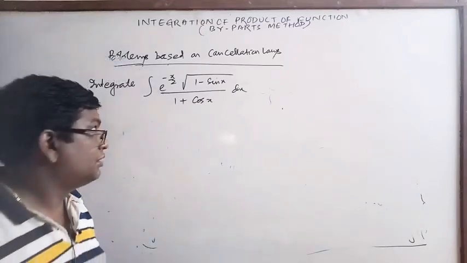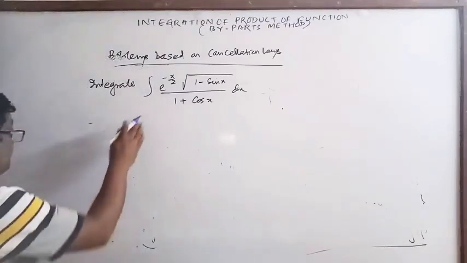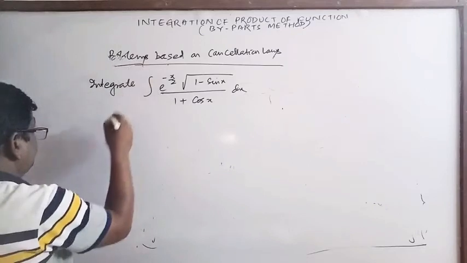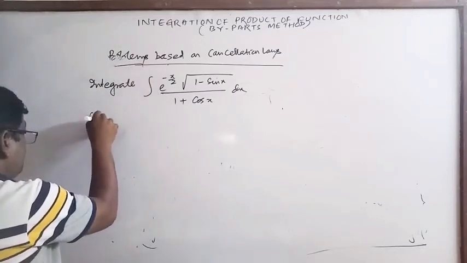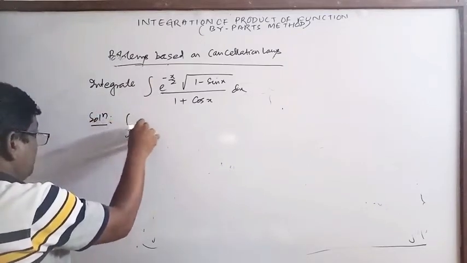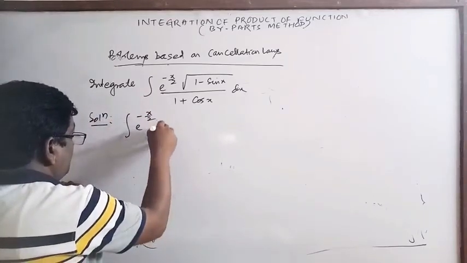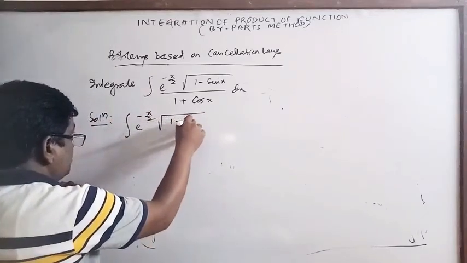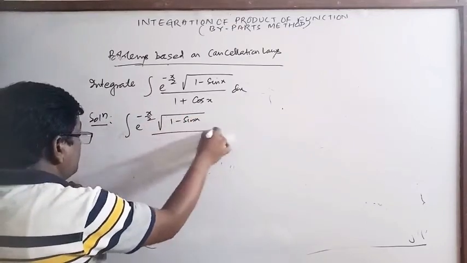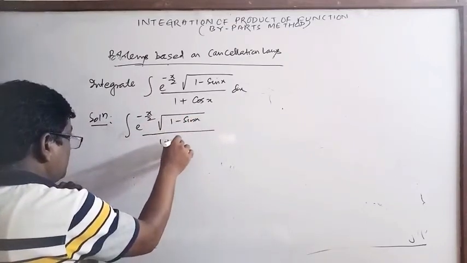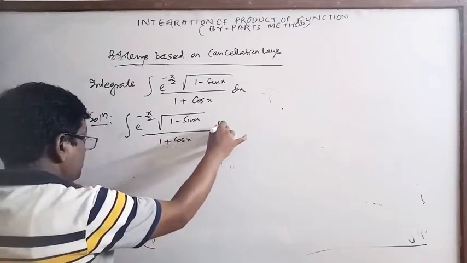Now the integration of e to the minus x by 2 into root over (1 minus sin x) by (1 plus cos x) dx.